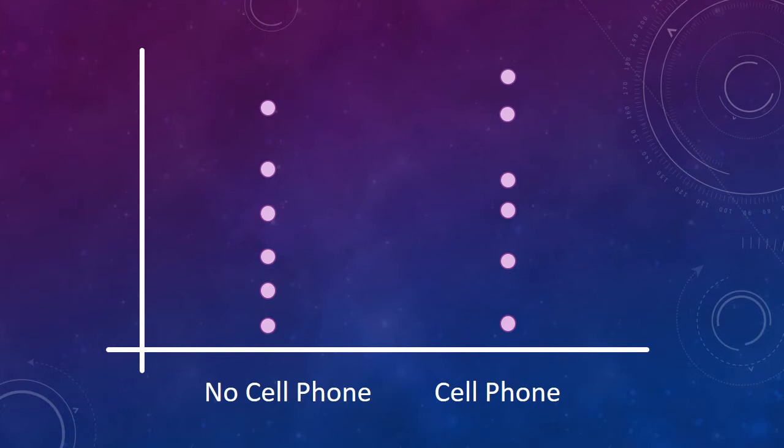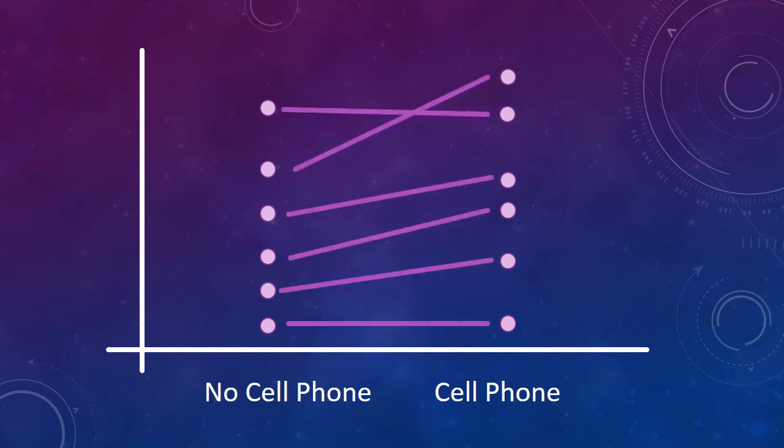Perhaps the data looks something like this. Notice how spread out all of the observations are. Can you tell whether the average for one group is higher or lower than the average from the other? It's kind of difficult. The variability in the data makes it difficult to say. But if you connect the pairs of observations that come from the same driver, suddenly it becomes quite clear that in most cases, drivers have slower reaction times when they're talking on their cell phones.